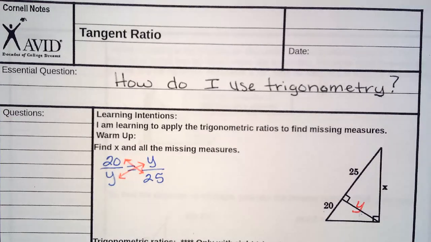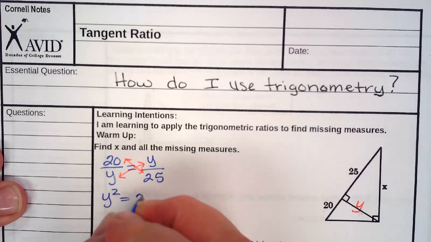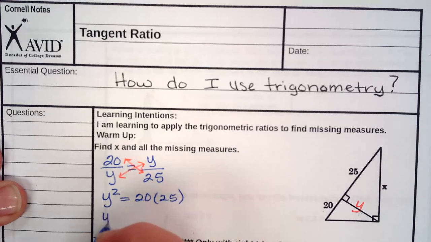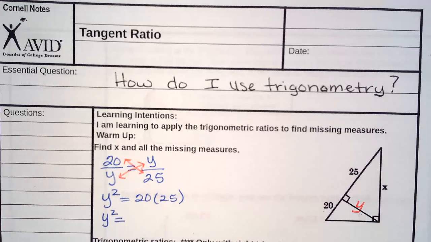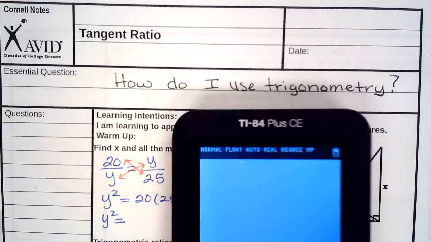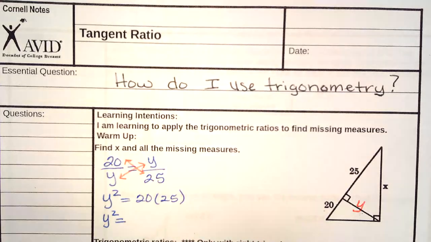We know that y times y will be y squared is equal to 20 times 25. Y squared is equal to 20 times 25 gives me 500.